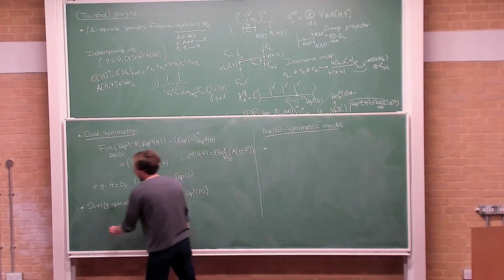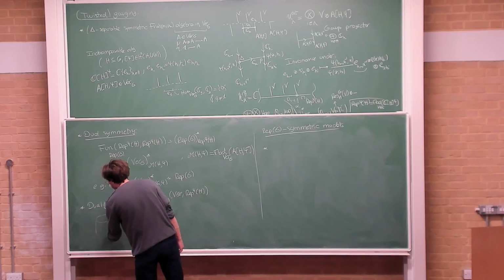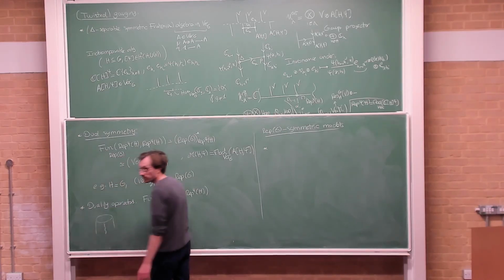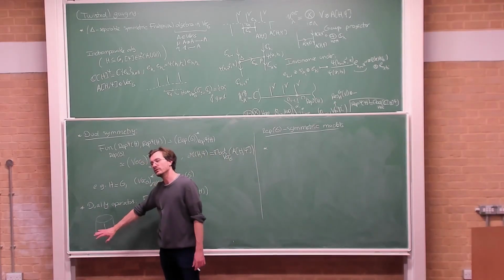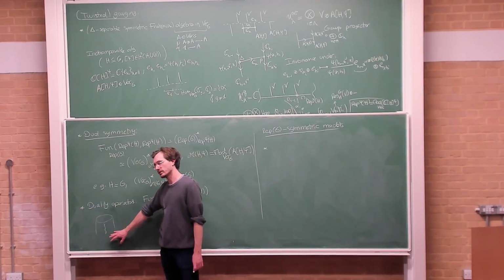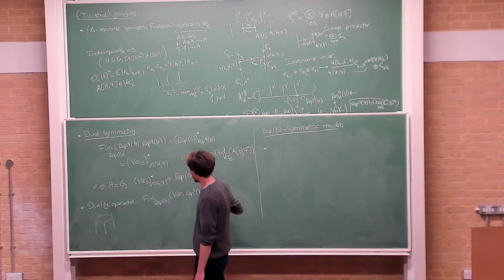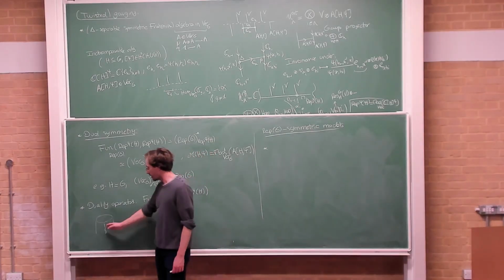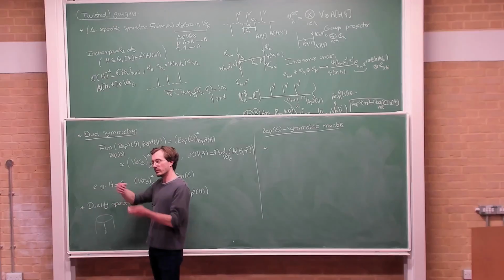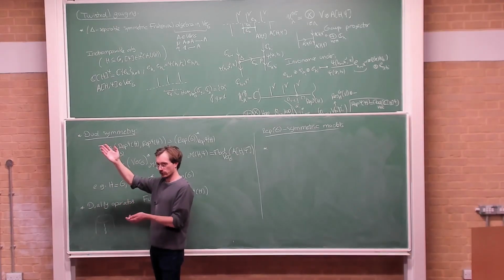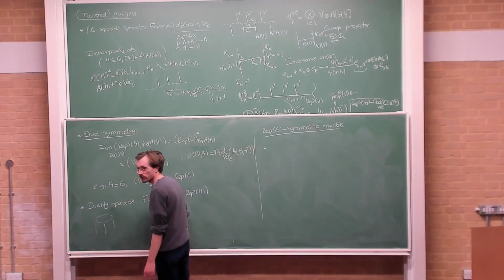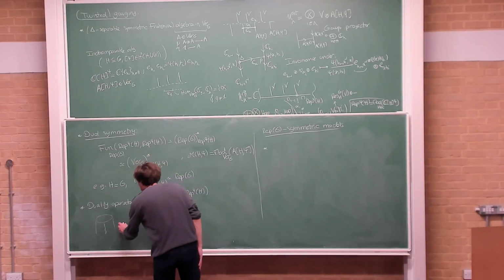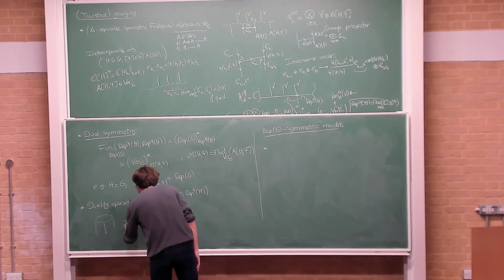But if you include all possible twists, so if you look at all possible insertions of twists, and you make this twist dynamical, so it's like you add a new degree of freedom in your theory which accounts for all possible twists, you can look at the action of this operator on this twist Hilbert space, which will map it to a twist Hilbert space with different patterns of twists. And on this extended total Hilbert space, it is going to be a unitary. At the end of the day, what's going on is that we are realizing on the lattice the fact that these are Morita equivalent.